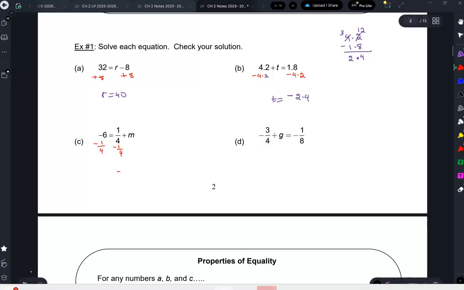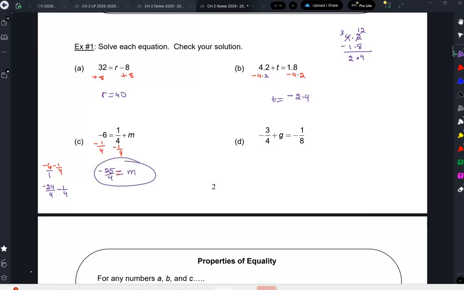So here I get negative 6 minus 1 over 4, right? This is over 1. So that's negative 24 over 4 minus 1 over 4. Negative 25 over 4 equals m.